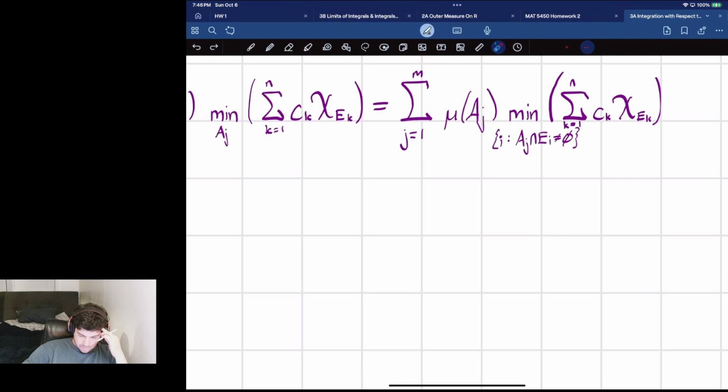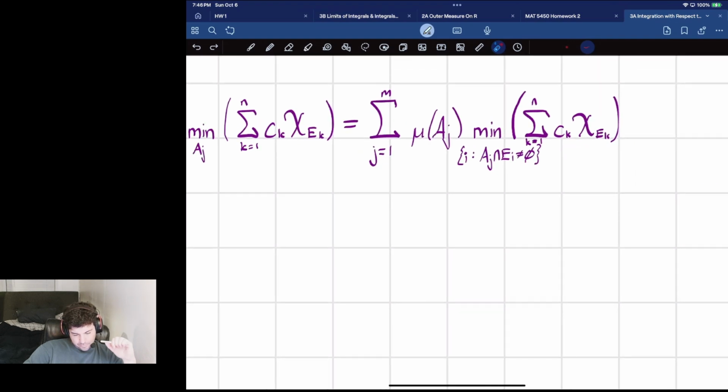No, I didn't. We're taking the intersection of A_j and E_i, so all of the ones that are non-empty. I think I missed a step here.